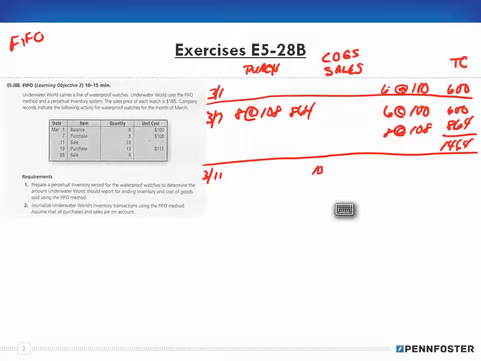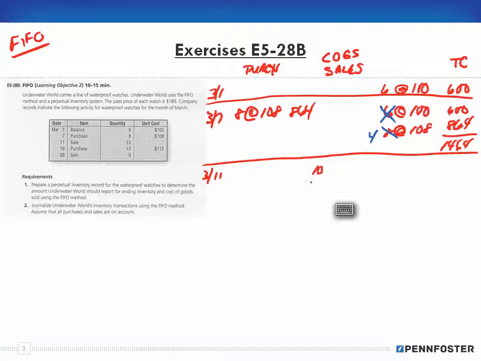We put in 6 first at $100, and then we push those to the back, and then we put 8 in the front. Well, if we're taking first in, first out, using the FIFO method, first ones out have to be the 6. So I'm going to be getting rid of these 6, which means I have to account for 4 more.